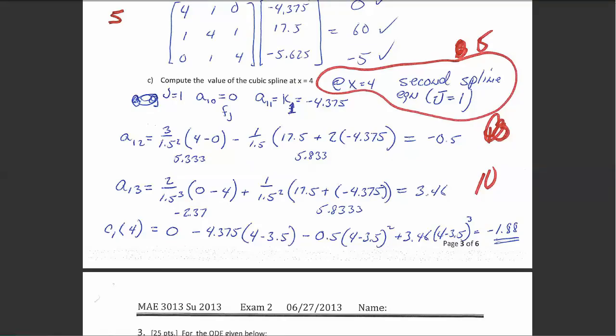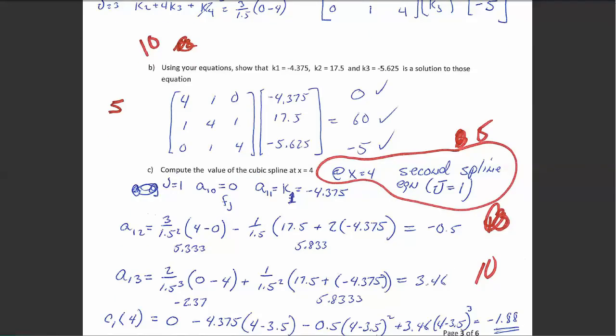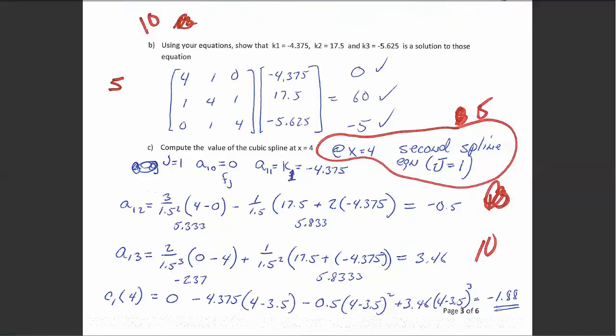And A11 is k sub 1. Now K0 was 0. K1 is minus 4.375. Write it down. Those are the easy ones. The next two have a little more work involved. I've got to crunch some numbers.